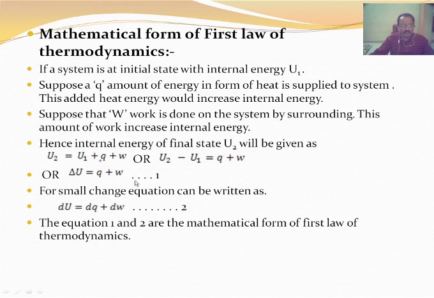Now, equation 1 and equation 2 are the mathematical form of the first law of thermodynamics. Therefore, mathematically, the first law can be stated as dU is equal to dQ plus dW. Right? This is the mathematical form of the first law of thermodynamics.